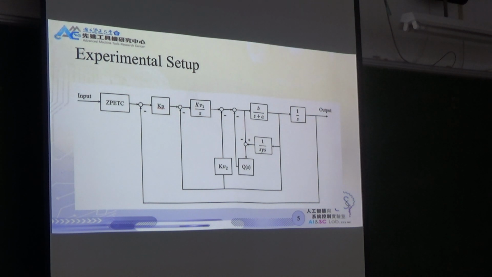Then the filter, the disturbance observer will affect your feedback controller. Okay, cross loop transfer function. So the order is a little strange.